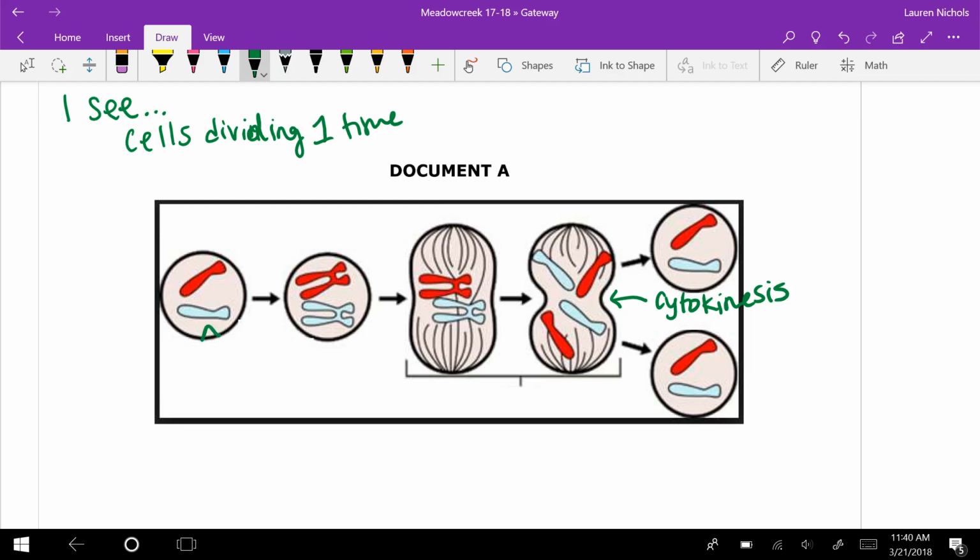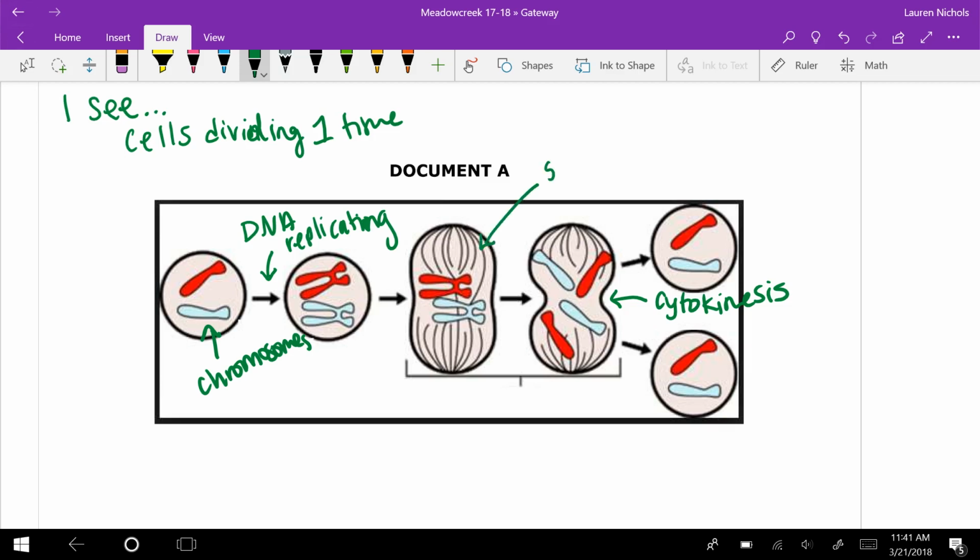I see chromosomes. I see chromosomes, which are made of DNA, replicating, right? We go from 2 chromosomes in this first cell to 4 chromosomes.